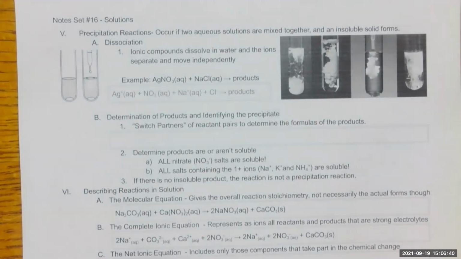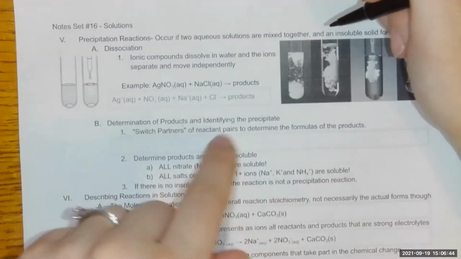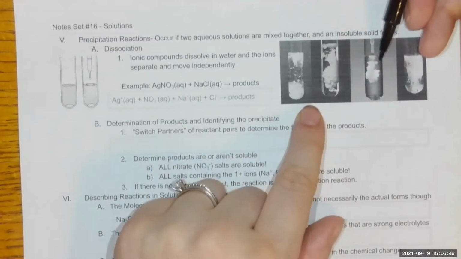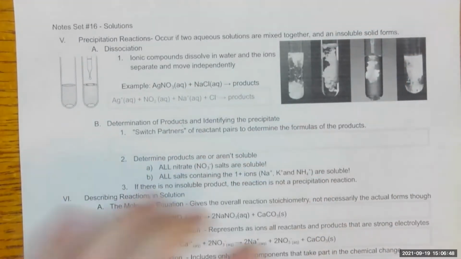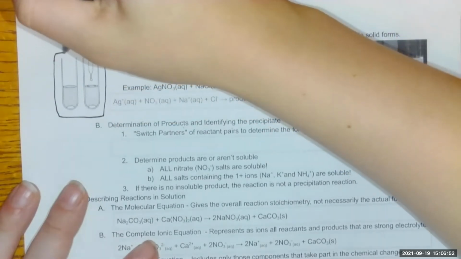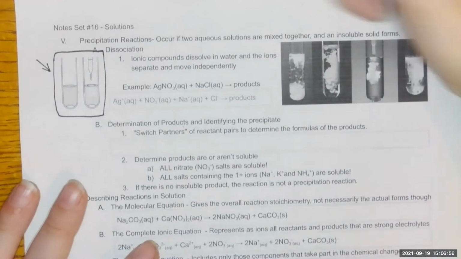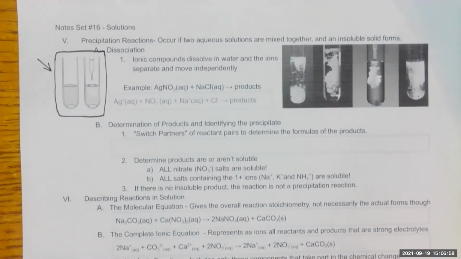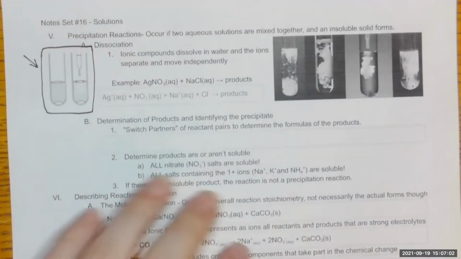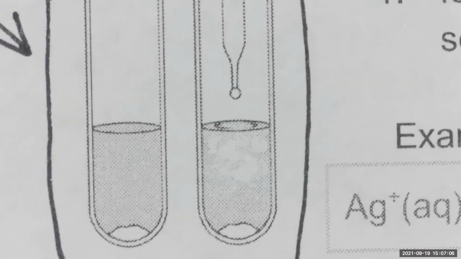Let's see. We'll do the one that was on the video. These are some real life pictures of what they look like. And this is one that I got from an AP test a couple years ago. This is how the AP illustrators show a reaction. I've got to zoom in a lot, and you've got to look at your paper very closely.